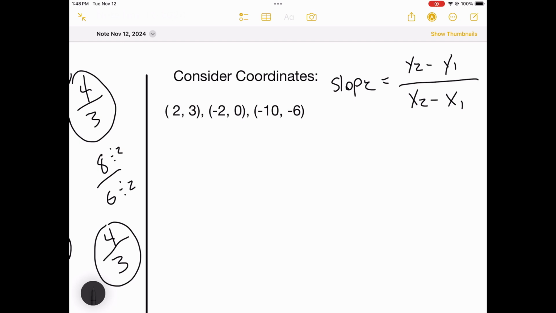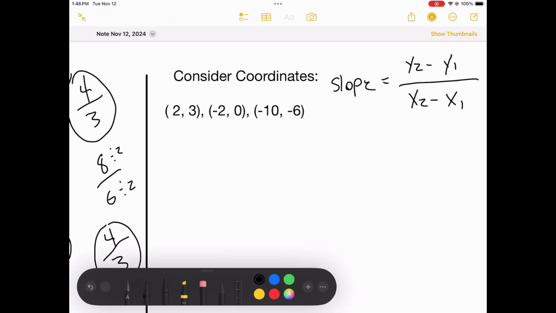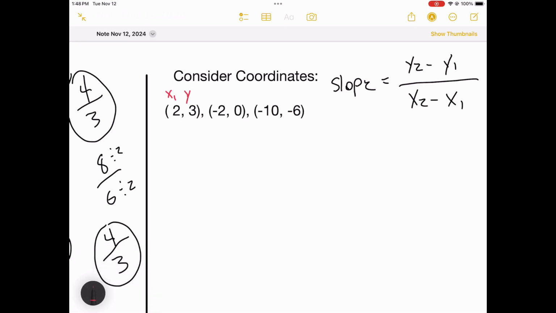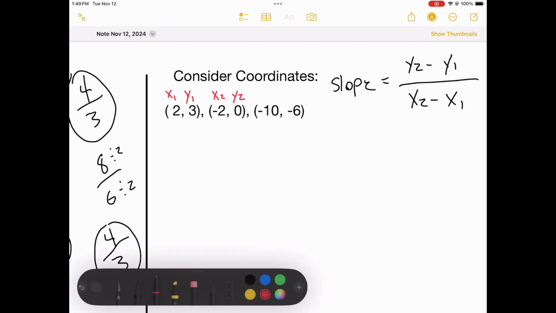Let's have this be my x1 and my y1, because that's the first x coordinate and the first y coordinate. And then let's have this be my x2 and y2. And all I would do is plug them into the equation here.